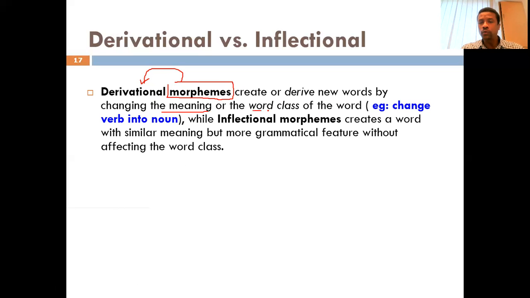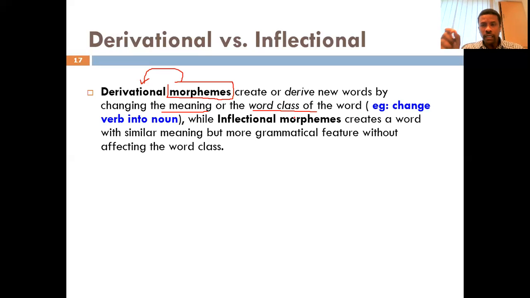At the same time, it would also change the word class, which means it might change it from verb to noun, or from noun to adjective, or from whatever. But if a morpheme affects the meaning and the part of speech of a word, then we call that morpheme derivational.